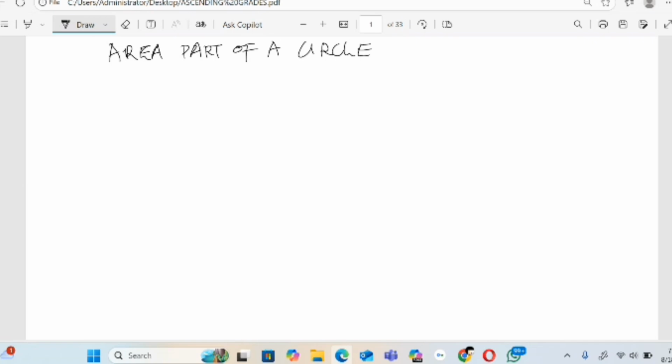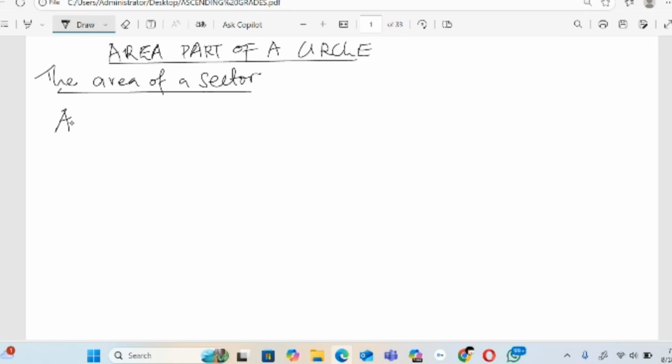And we're going to start with the area of a sector. We remember that the area of a sector is given by the formula theta over 360 degrees times pi r squared.